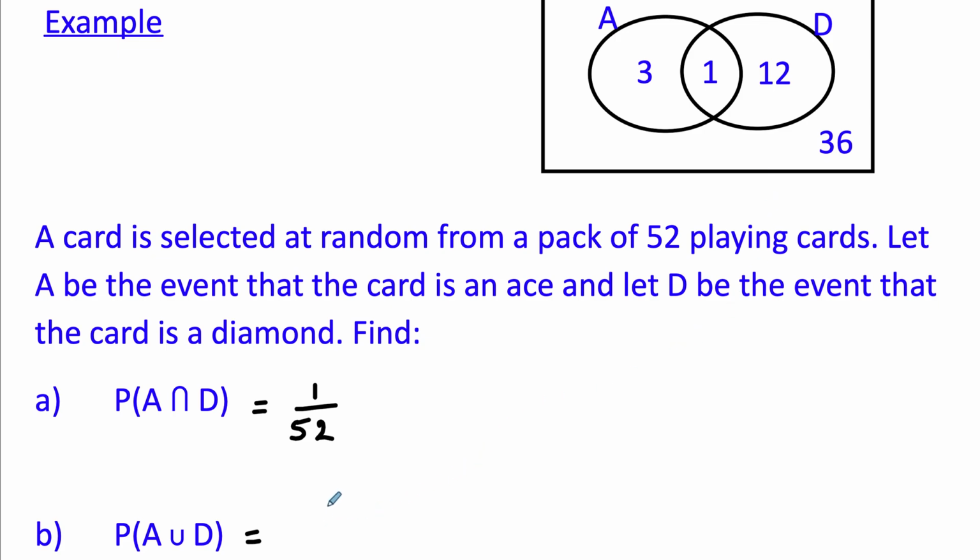So that's going to be 16 out of 52. In your exam, they're really not going to care if you cancel your fractions down or not. I will. So that one cancels to 4/13.